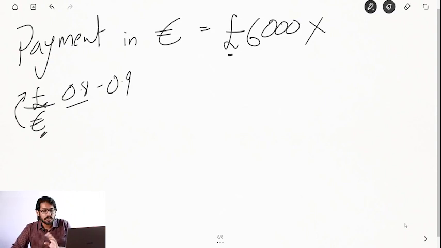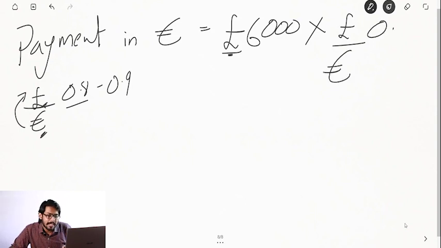That's a bit confusing, so pay attention. You have 6,000 pound over here. Let's multiply first, into pound by euro 0.8. I am not thinking, I am just multiplying. Look at the symbols: pound into pound will become pound square, divided by euro.